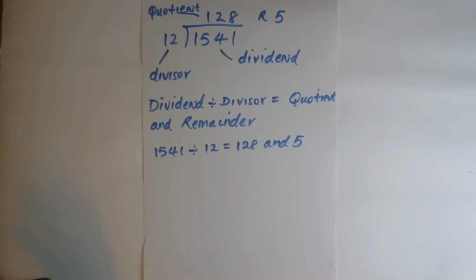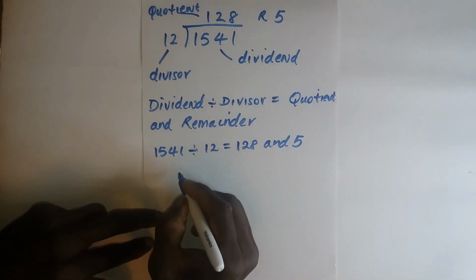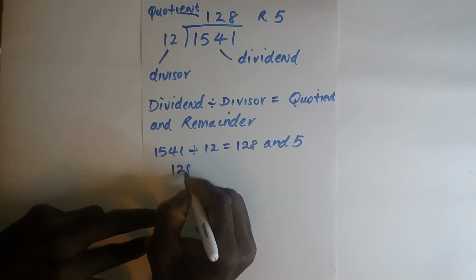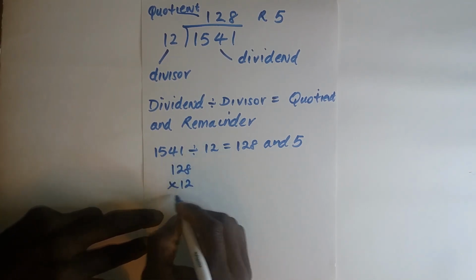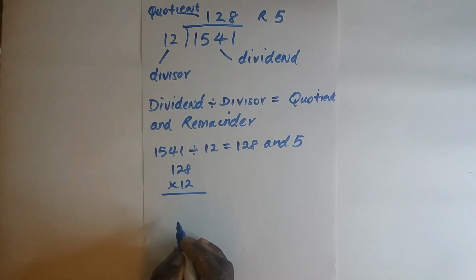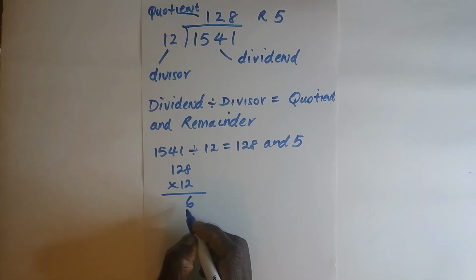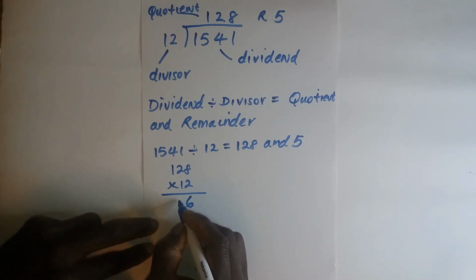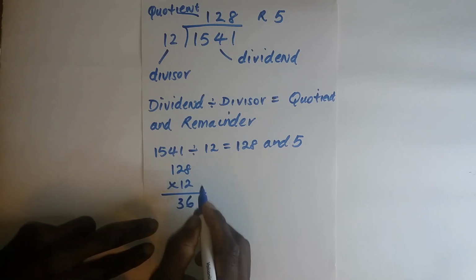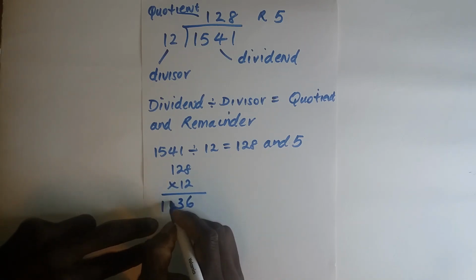How do we check? Well, we've divided 1541 into 128 equal parts, and we had 5 remaining that we could not share out. So we have 128 times 12, and we see how much this accumulates to. 12 8s are 96, 12 2s 24, and 9 is 33, 12 1s 12, and 3 is 15.